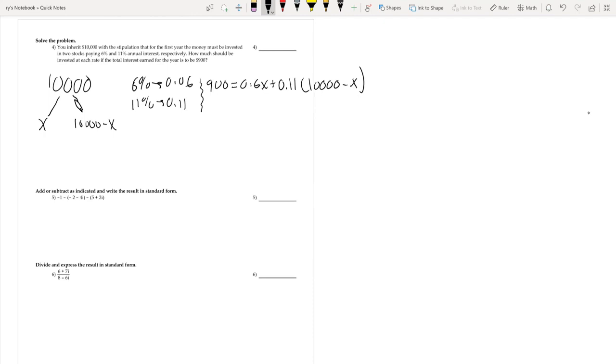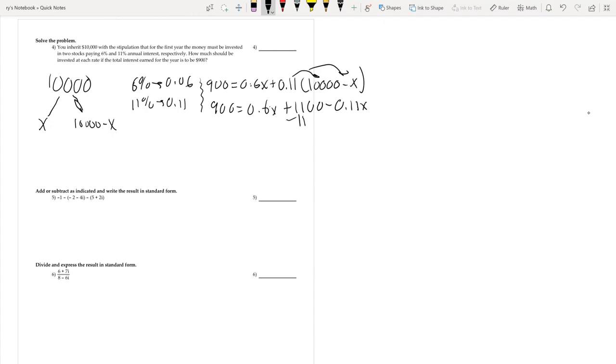So then now I'm going to solve for x. So I'll distribute my 0.11 over there. So 0.11 times 10,000 is 1,100. And then minus 0.11x.